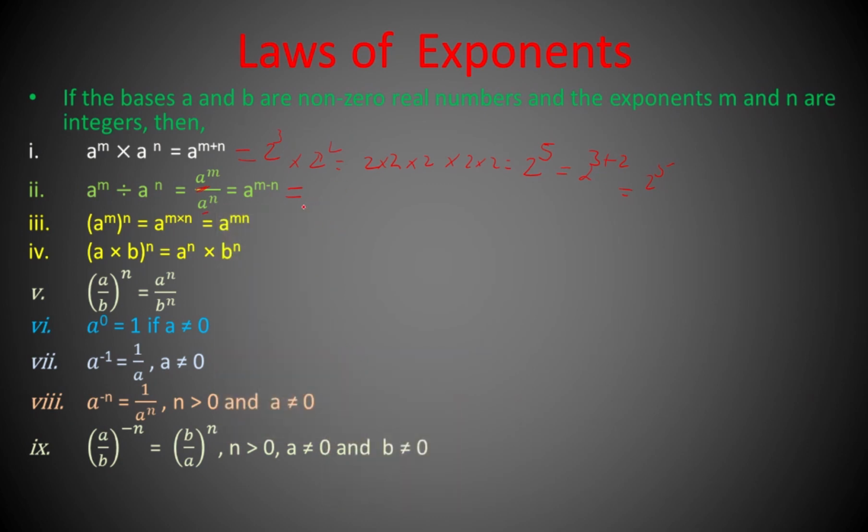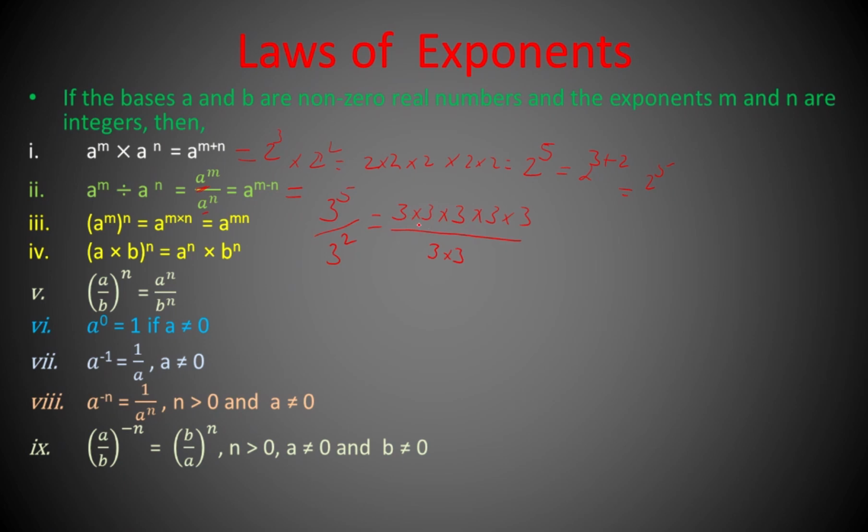For example, 3 to the power of 5 divided by 3 to the power of 2 is 3 times 3 times 3 times 3 times 3 divided by 3 times 3.